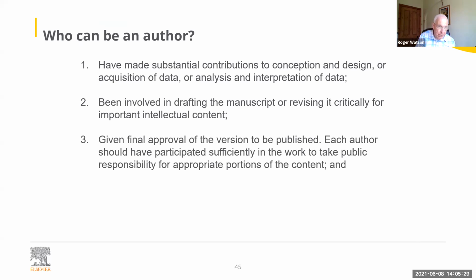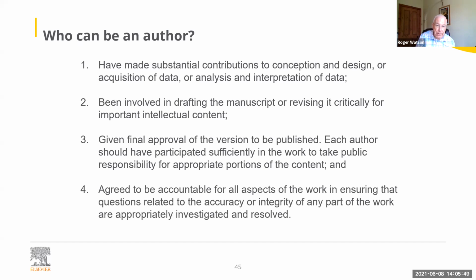And everyone must give final approval of the version that's sent out to be published. One author shouldn't be doing this without consulting the others. So if anything goes wrong afterwards, everybody should be able to take responsibility for anything that's pointed out as being wrong.